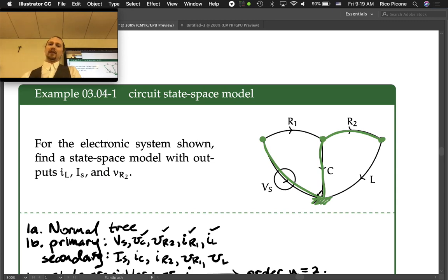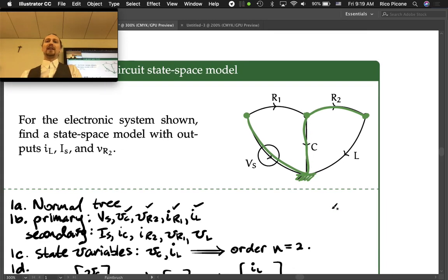We have an active branch, the source, and then we've got 2 passive branches. So we need to write a continuity equation for each passive branch.